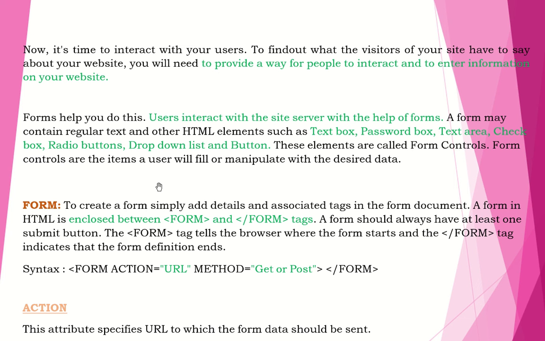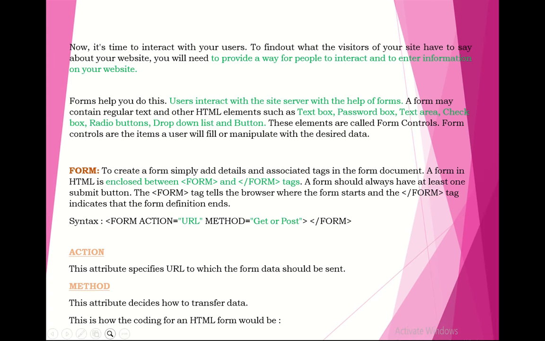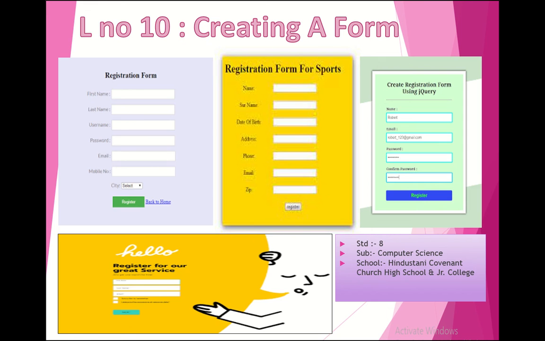Form controls are the items a user will fill or manipulate with the desired data. The designer, the owner of the website, can change the design of the form. Wherever he wants, he can keep the text box, password box. It is his wish, right? As we have seen here, these are the different forms.